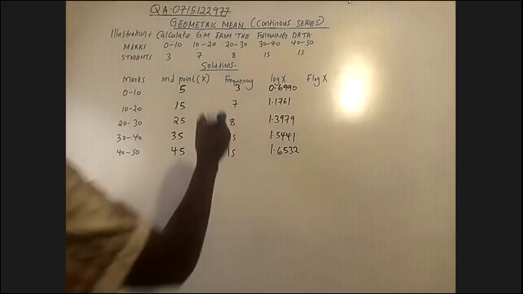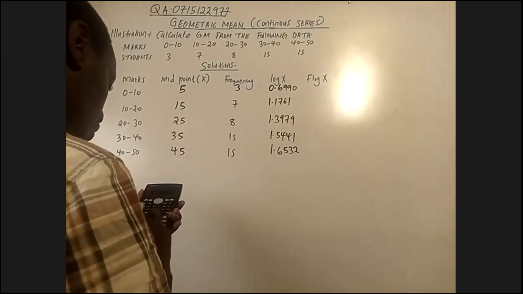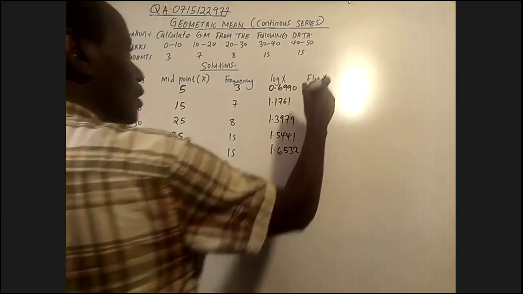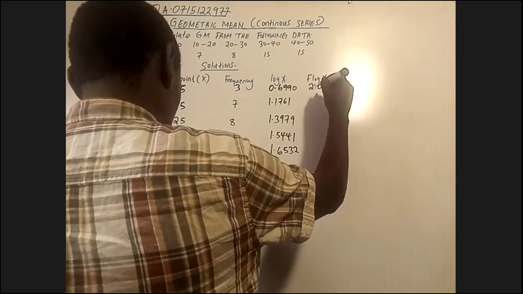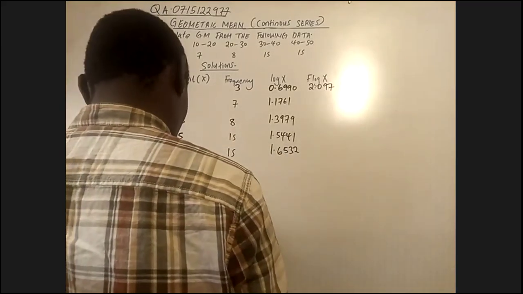For f log x we take frequency times log. 3 times 0.6990 is 2.097.